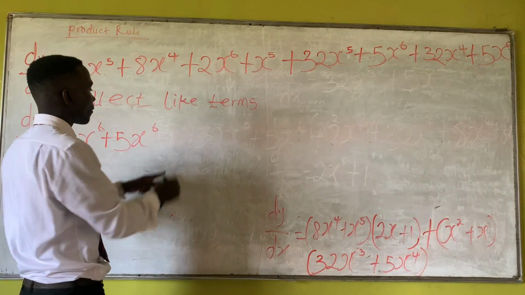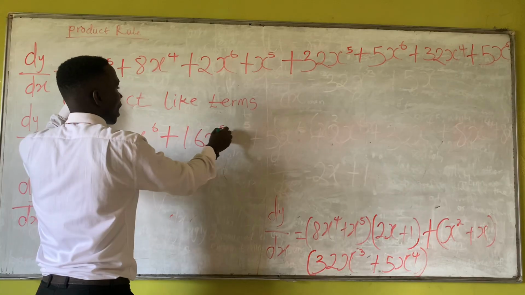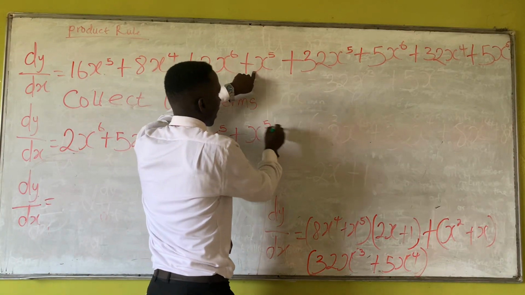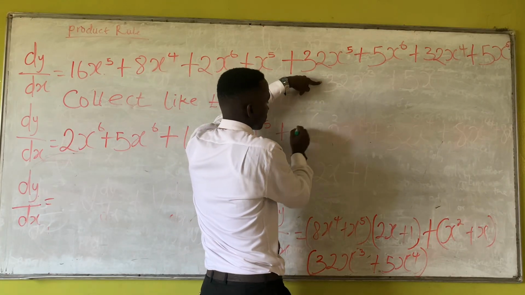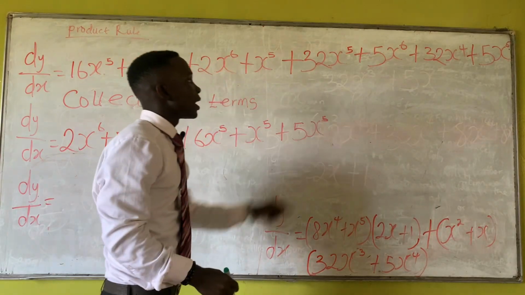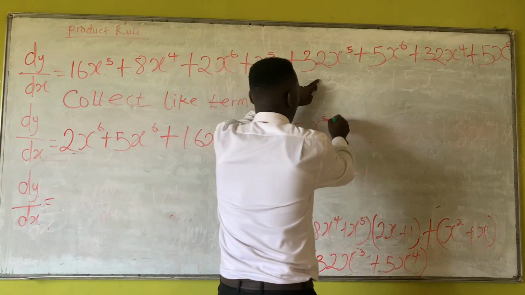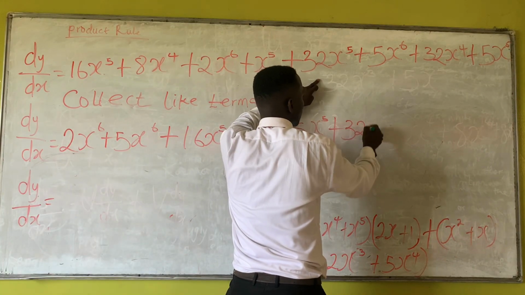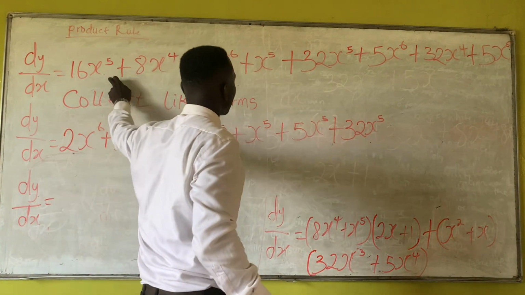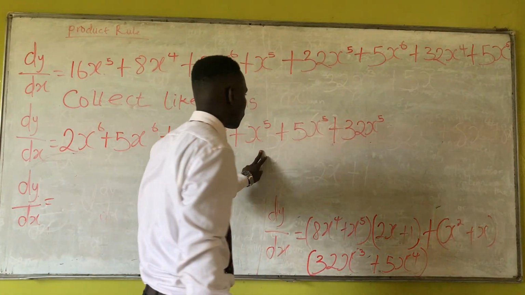Move to the ones that have power of 5, so it becomes plus 16x raised to the power of 5 plus x raised to the power of 5 plus 5x raised to the power of 5. I think those are the ones that have power of 5 plus 32x raised to the power of 5. So for 5, we have 1, 2, 3, and 4.